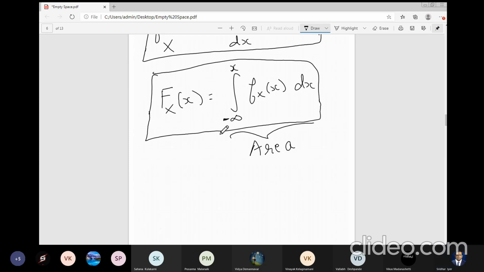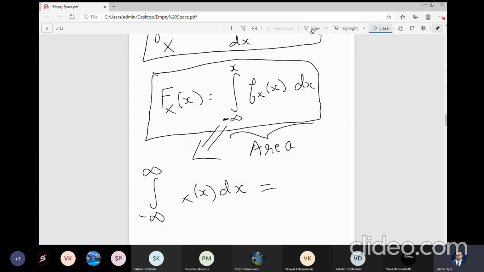Now, going by the logic of integration, if I take this integral value on the RHS and write this as minus infinity to plus infinity f subscript X of x dx, what should be the value? Anybody think what should be the value? See, what does this equation denote?